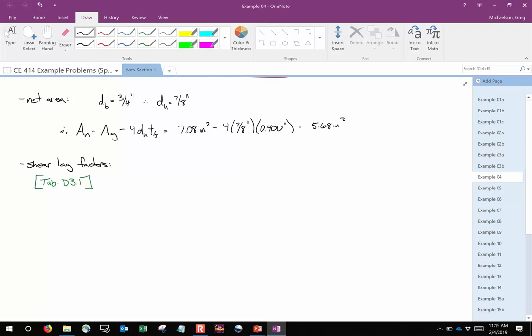Is case 1 going to be applicable for our cross section? Why not? What's the difference between case 1 and case 2? That's exactly right. There are no bolts in the web. If the web was bolted, then we'd be under case 1. But we have a situation where the flanges are connected, but the web is not. So we are going to consider case 2 for sure. So let's look at case 2.